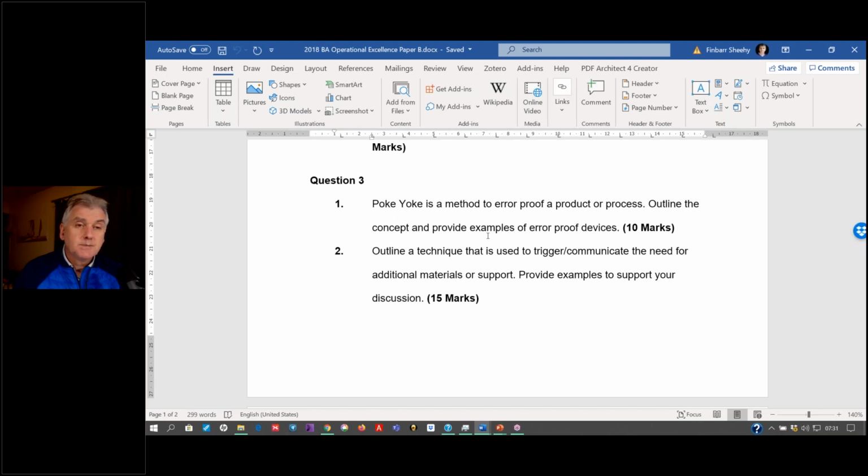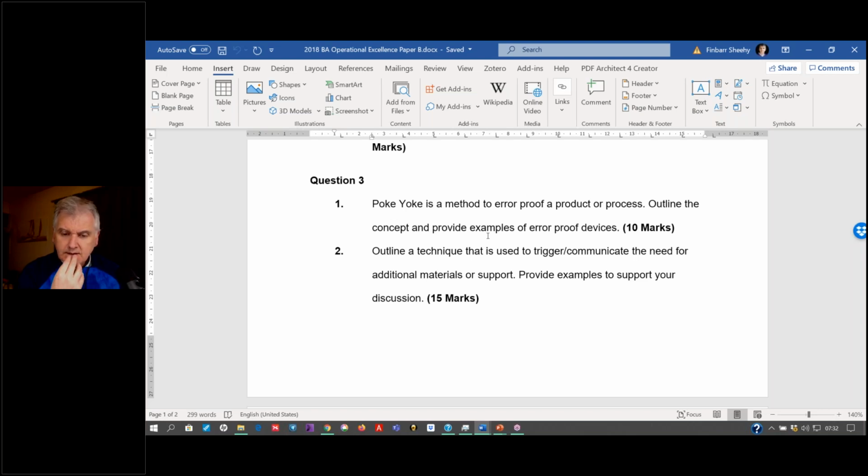And then what I would do is pick an example of some sort of an error-proofing device. So whether it's a password, some sort of a control system, or some sort of an inspection process, think of an example and just describe that example. And in some cases, for example, you might draw a diagram.